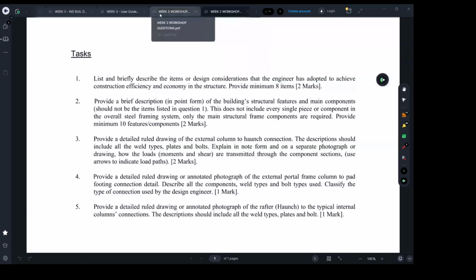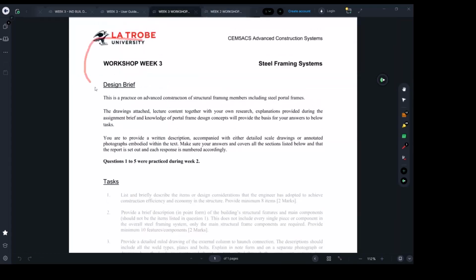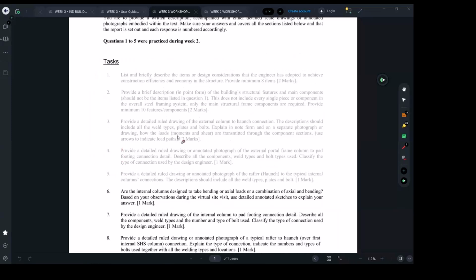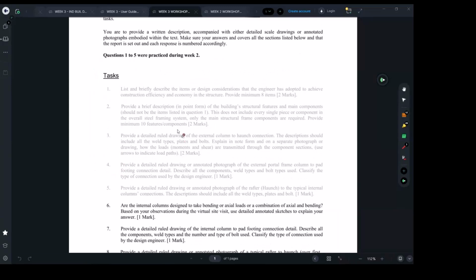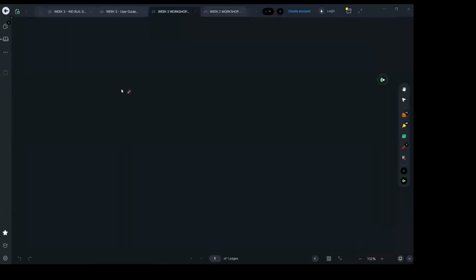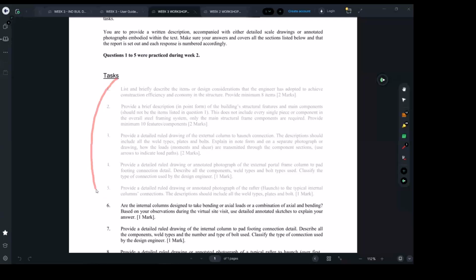So we had the document for the workshop questions last week, but it was expected that we go through the 5 questions last week during the workshop. I think today we should be able to cover some of those first questions. So today we will aim at going through the first 3 to 5 questions.